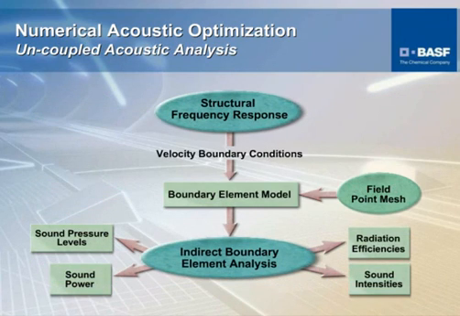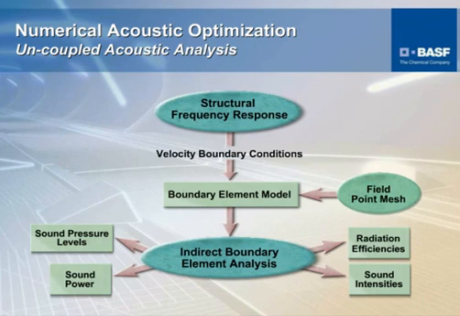In the numerical acoustical optimization, we take the structural frequency response that we did in the beginning, and from that we extract the velocity boundary conditions, because that part is moving at certain frequencies. We can create what we call field point meshes, which are representations of microphone locations in space that surround a certain structure.